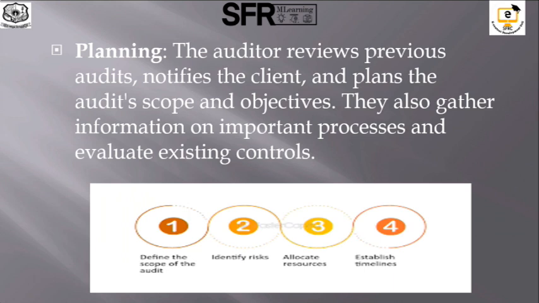The major functions involved in this planning step are defining the scope of the audit, identifying various risk elements involved in the audit process, allocating the resources, that is the human resources and the time required for completing the task, and finally establishing the deadlines within which period the work has to be completed. So, these functions are carried out in the planning or preparatory step.